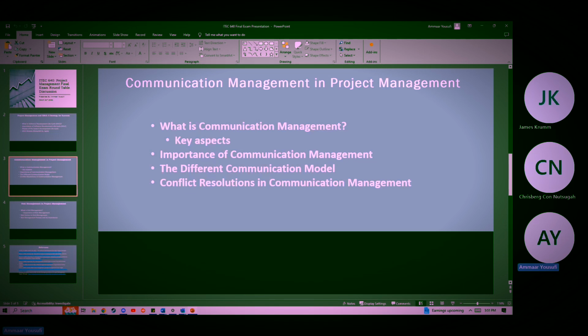Okay. So, what is the importance of communication management? The second bullet, alignment, where it ensures all stakeholders have a common understanding of the project's objectives and status, which align with the overall deadline. Risk mitigation, effective communication can identify and address issues early on. Relationship building fosters a positive relationship among project team members and stakeholders.